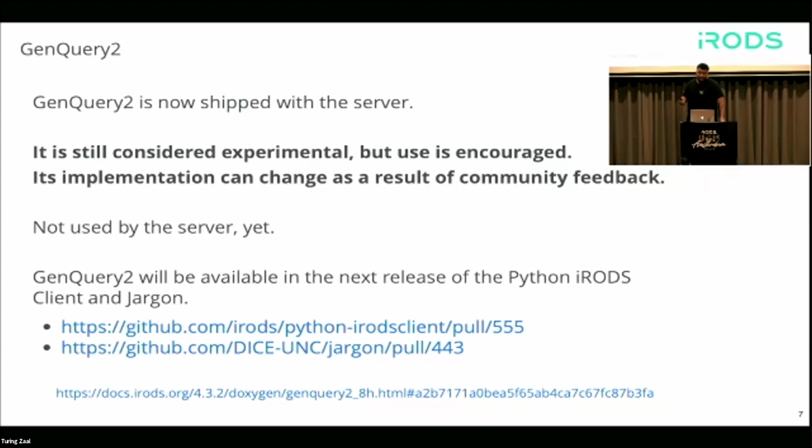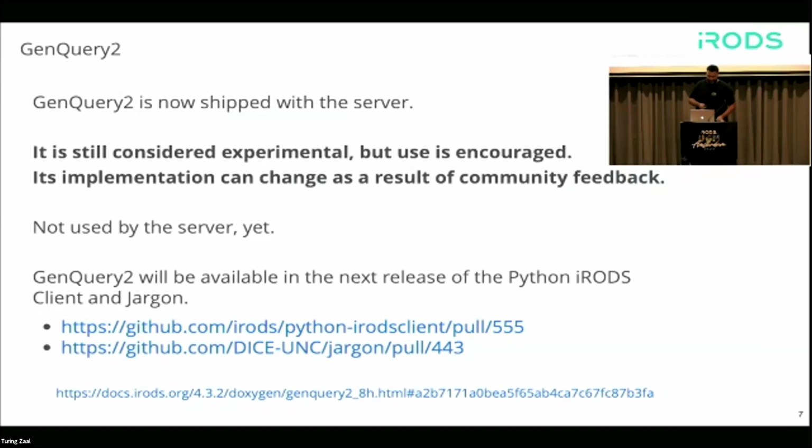As for clients, Jargon and the PRC, the Python iRODS client, now have support for jQuery 2. The jQuery 2 support in PRC was actually implemented by, who is it? I don't want to mispronounce your name.